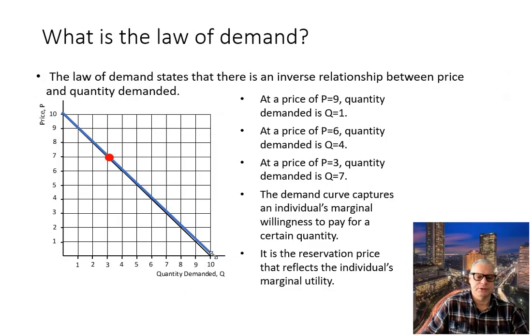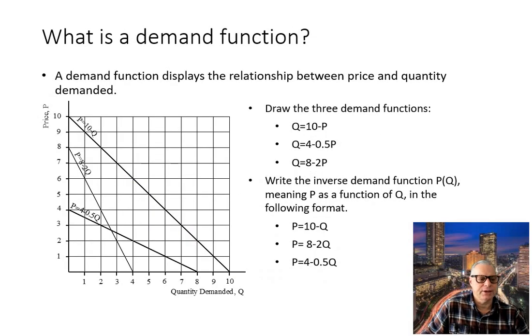The demand schedule, the demand, is everything, and the quantity demanded is a point on the demand curve. Now next, what is a demand function? A demand function displays mathematically the relationship between the price and quantity demanded.